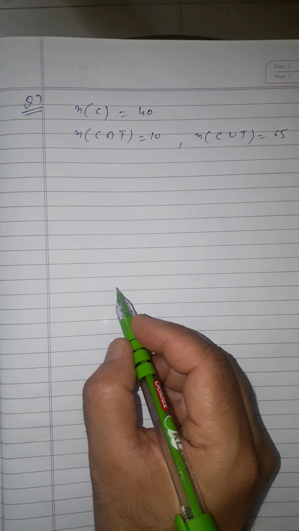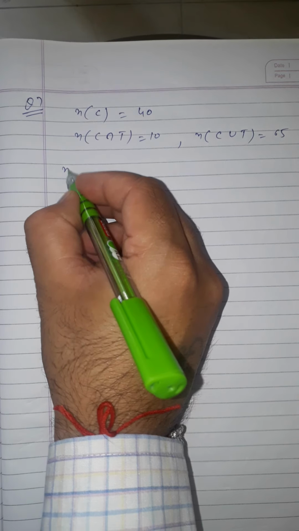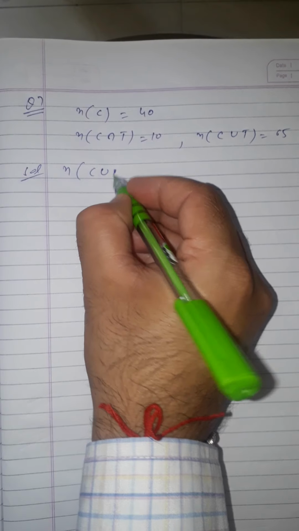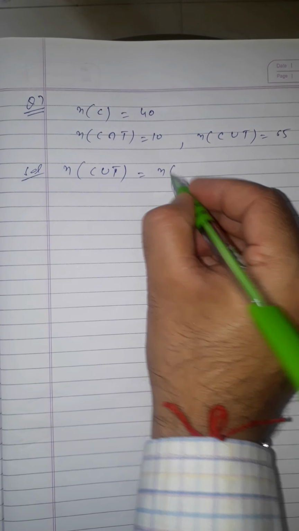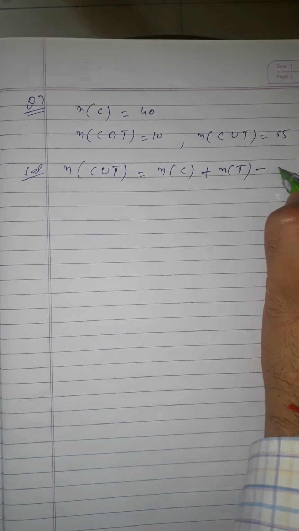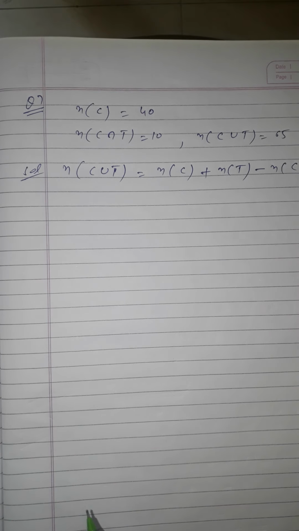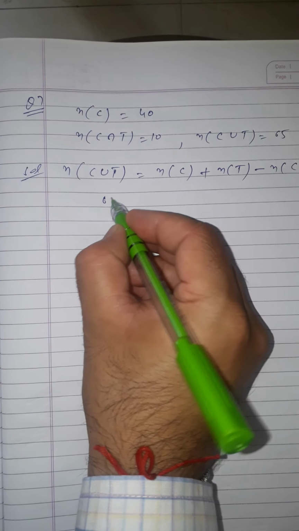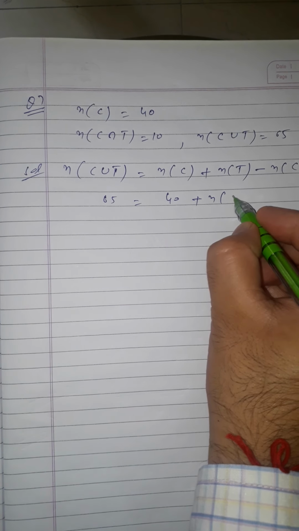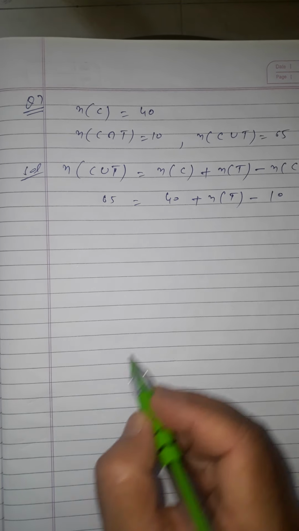So in this question, students, first of all we will write in the solution n of C union T is equal to n of C plus n of T minus n of C intersection T. So what we are doing here, students, because this union is given as 65, this is given as 40, but how many students like tennis is not given here, and the intersection is given as 10.